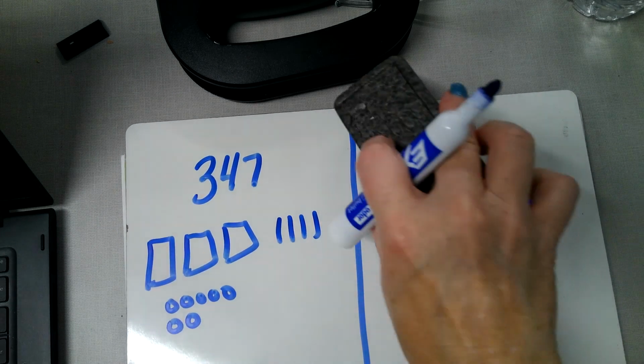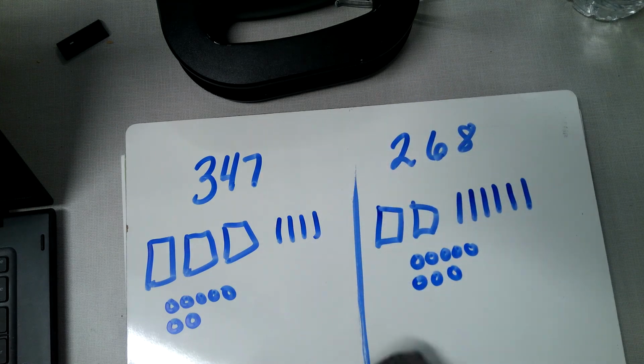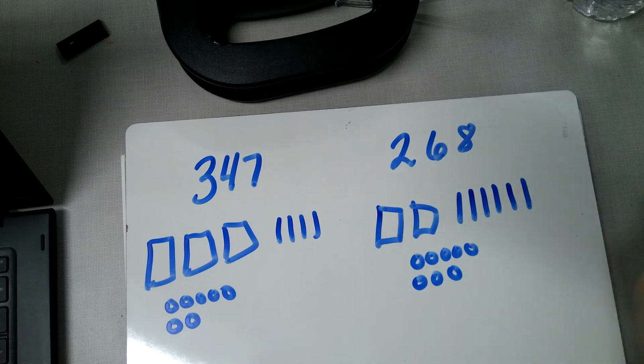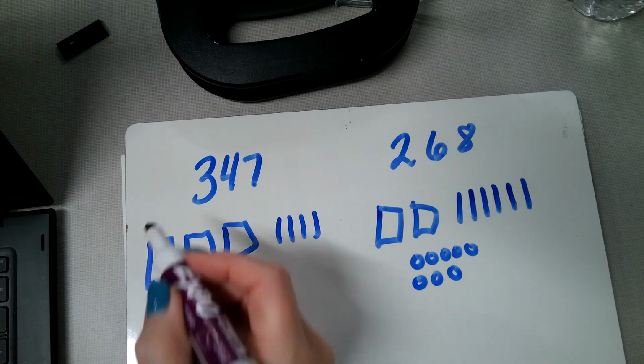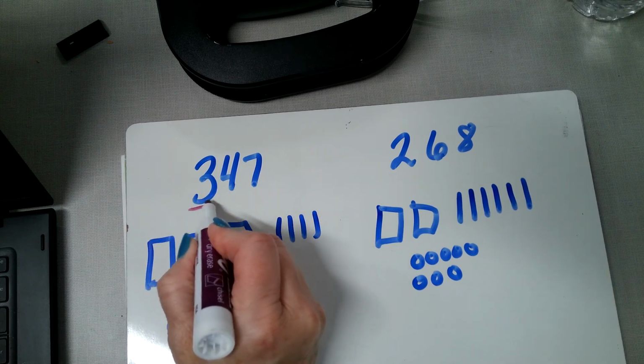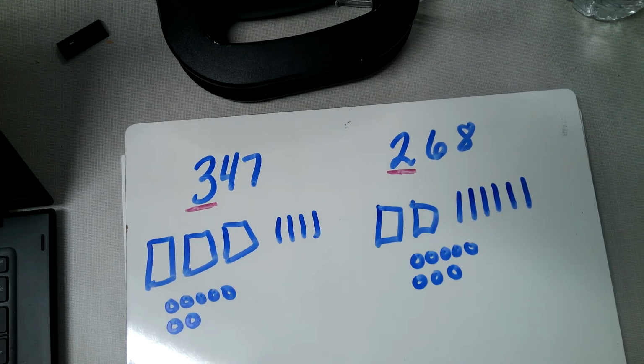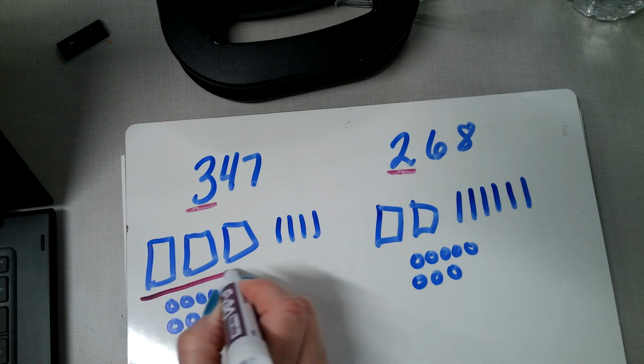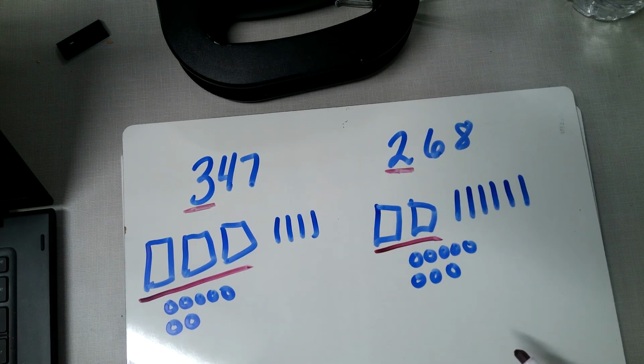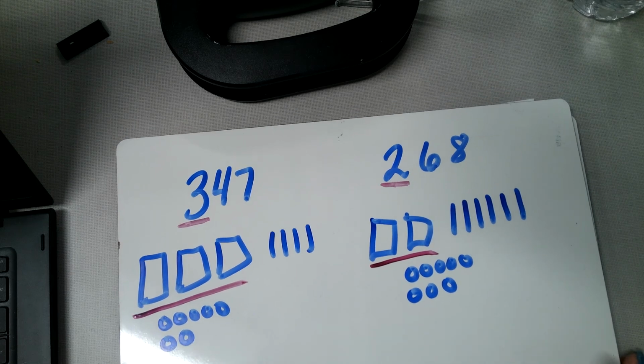Okay? Now, when I look at these two numbers, the first thing I do when I compare numbers is I always go and look at the furthest to the left. So this time today, it's my hundreds place. This number has 3 hundreds, and this number has 2 hundreds. So if I compare the hundreds, 3 hundreds and 2 hundreds, well, 347 is greater than 268.